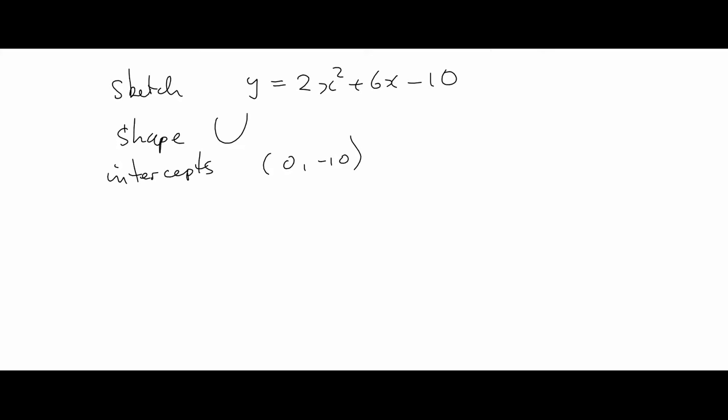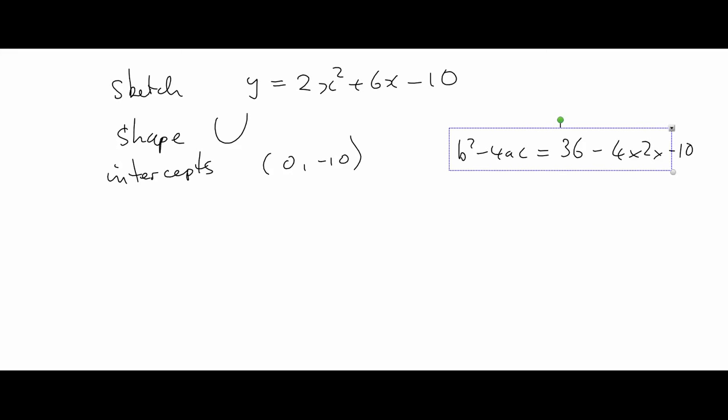If we consider the discriminant, b squared minus 4ac, that is equal to 36, b squared, minus 4 times a times minus 10, which comes to 36 plus 80, which is 116.